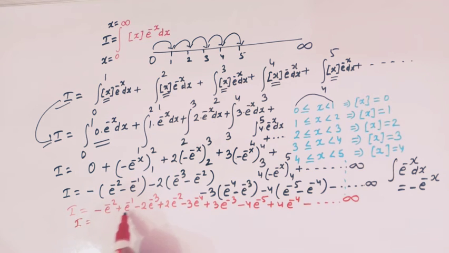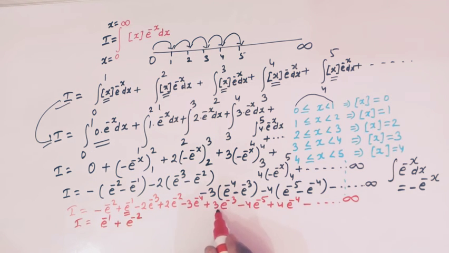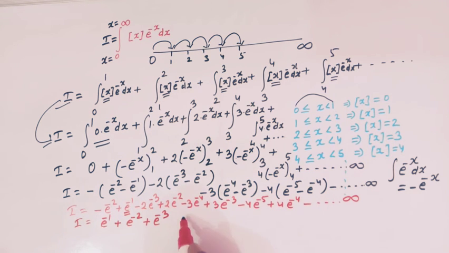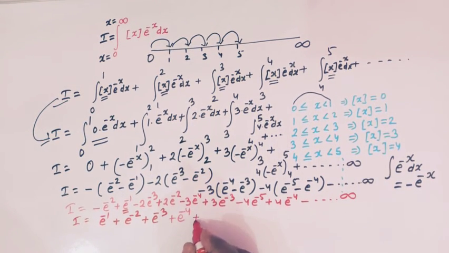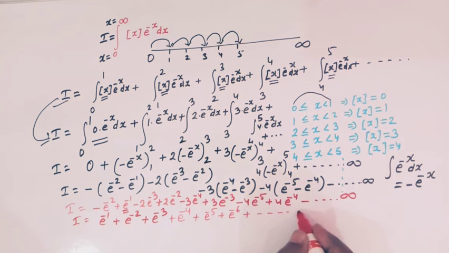So here we have this term is e raised to minus 1 and minus e raised to minus 2, and plus 2 times e raised to minus 2 is plus e raised to minus 2, and then we have minus 2 times e raised to minus 3, and 3 times e raised to minus 3 is plus e raised to minus 3, and then minus 3 times e raised to minus 4, and 4 times e raised to minus 4 is plus e raised to minus 4, and similarly we'll have e raised to minus 5 plus e raised to minus 6 and so on, right?